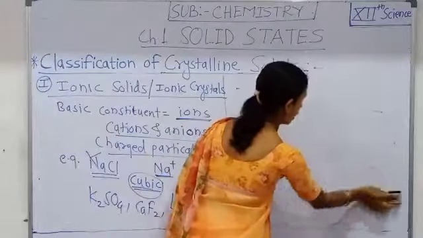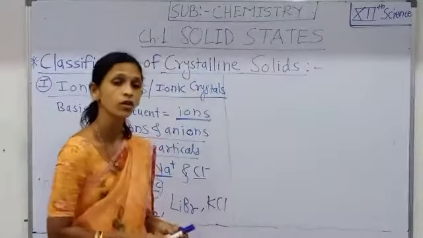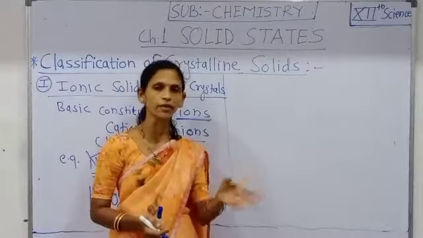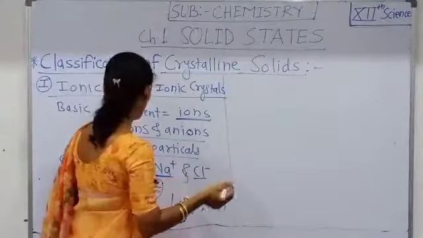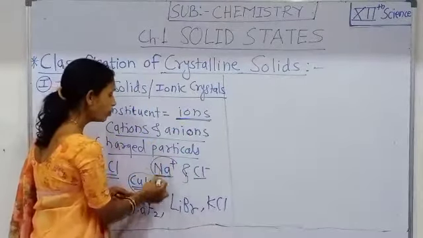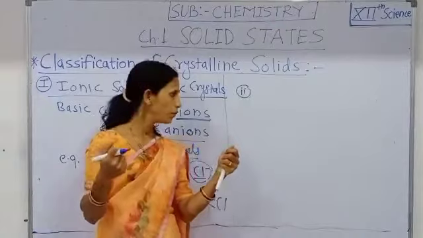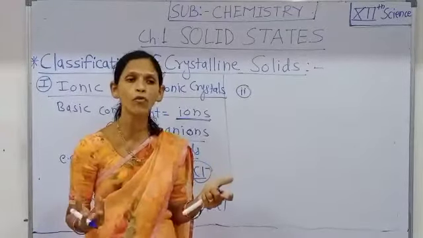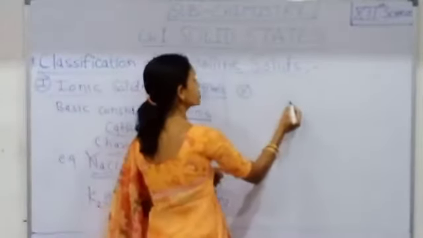Now we will discuss the properties of ionic crystals. In an ionic crystalline substance the basic constituents are charged ions, that is cations and anions, so there are oppositely charged ions. Each ion is bonded by Coulomb force to the other ions surrounding it.